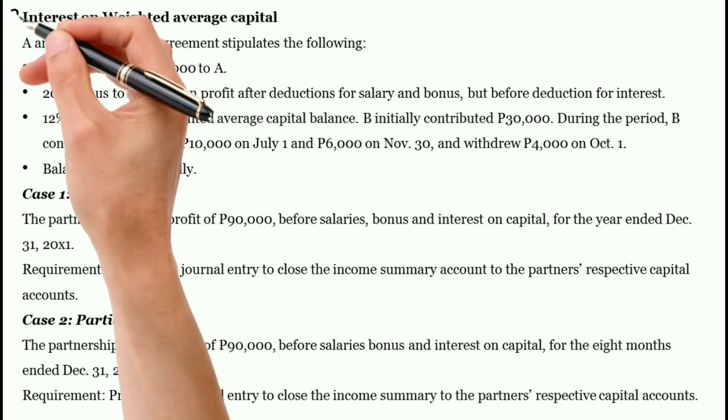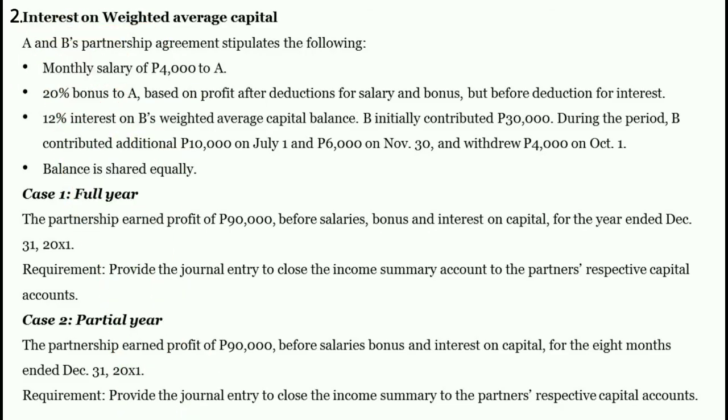Next, problem number 2, interest on weighted average capital. A and B's partnership agreement stipulates the following. Monthly salary of 4,000 pesos to A, 20% bonus to A based on profit after deductions for salary and bonus, but before deduction for interest. 12% interest on B's weighted average capital balance.